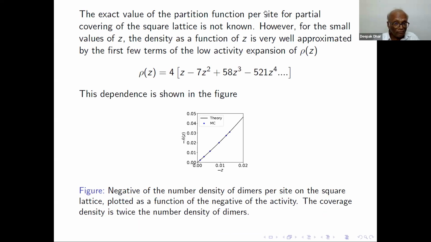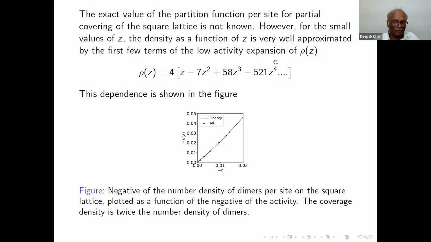The exact value of the partition function per site for the partial covering on the square lattice is not known. But for our purpose, we know that rho of Z has a series expansion in powers of Z, and the low order coefficients can be calculated exactly. You can work out 10 terms of this, but it doesn't matter, because I'm going to put Z equal to minus 0.015 or so.